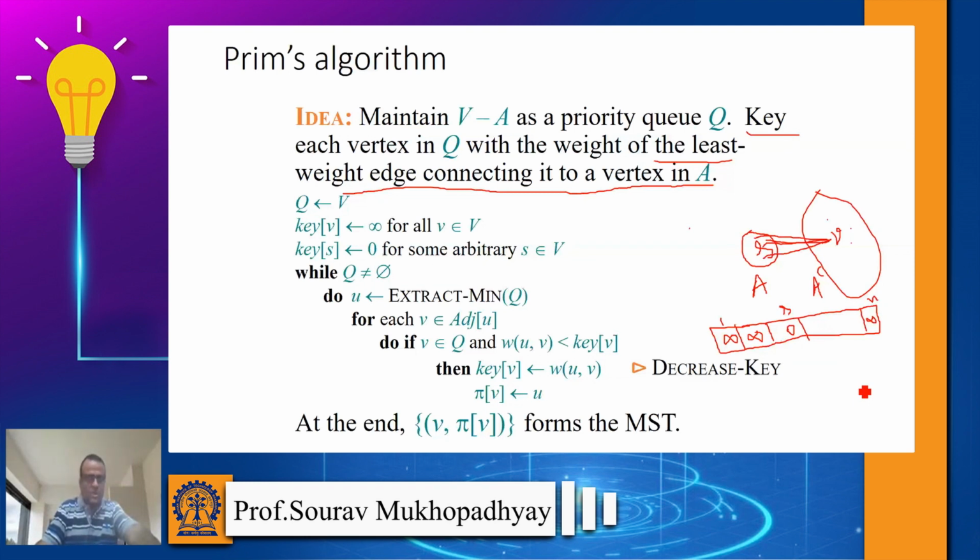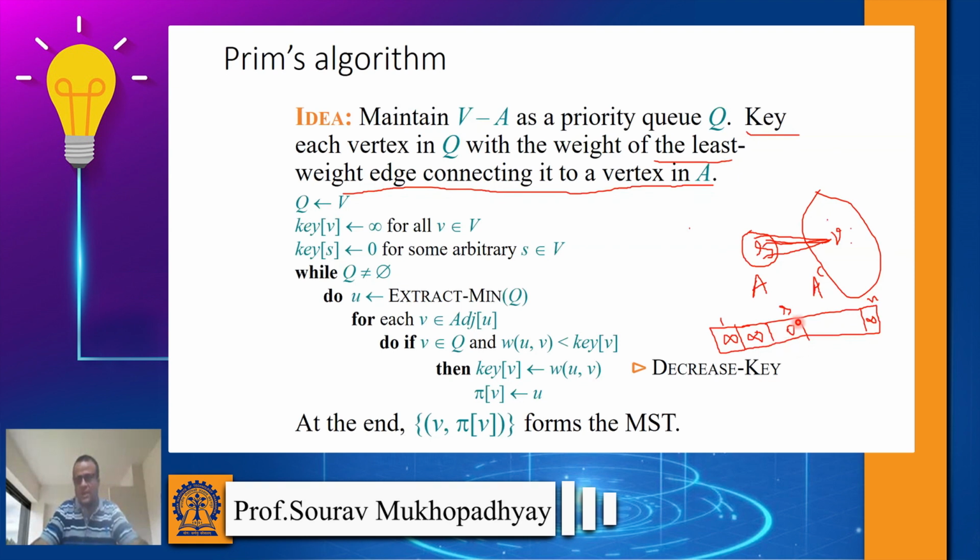We put every vertex's key value as infinity because we haven't started yet, except the starting vertex. We start with that vertex and slowly grow the tree. Now, while Q is not empty, and since we put everything in Q, Q won't be empty at first, we extract the minimum.